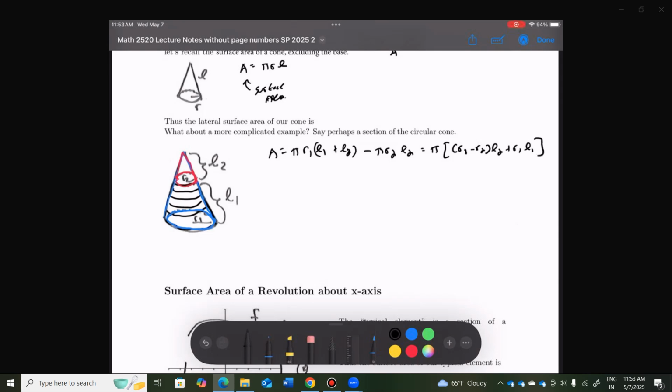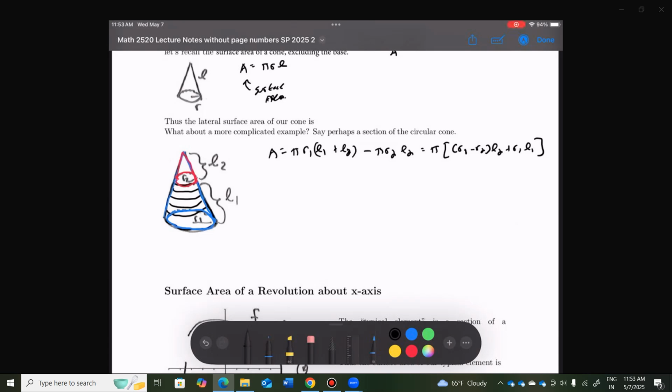Now this comes from basically distributing the r1 onto L1 and L2, and then putting the L2's together, so you have r1 minus r2, and you're pulling the pi all the way out and pulling the L2 out, and then you have r1 L1 also. So just distribute and then pull pieces out as you need to. But it's just algebra there.